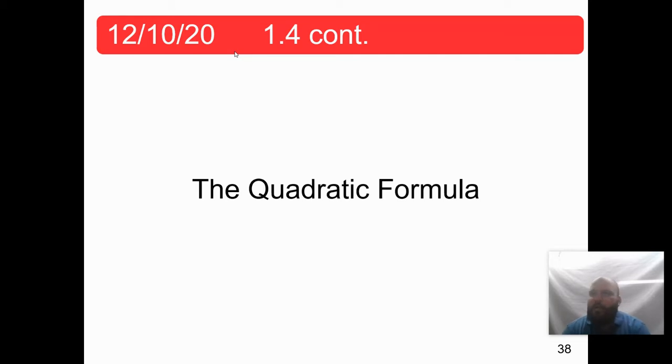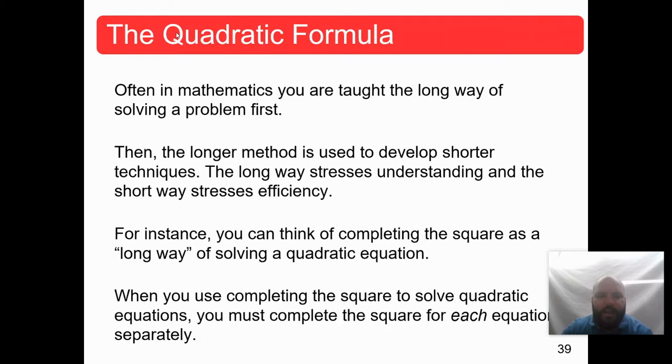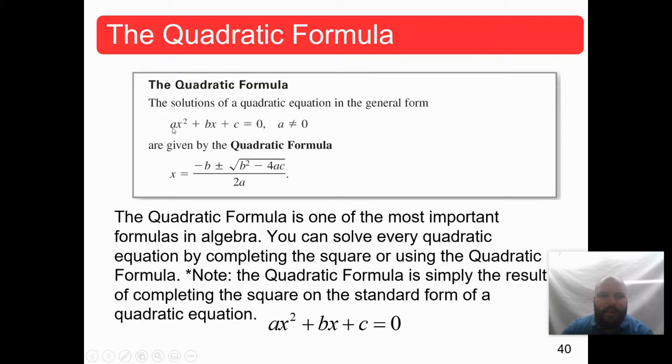So we are talking about the quadratic formula, and how it was derived is they actually took the standard form of an equation, which is ax squared plus bx plus c equals 0. They took this right here, this ax squared plus bx plus c equals 0, and they completed the square on this equation to get the quadratic formula.